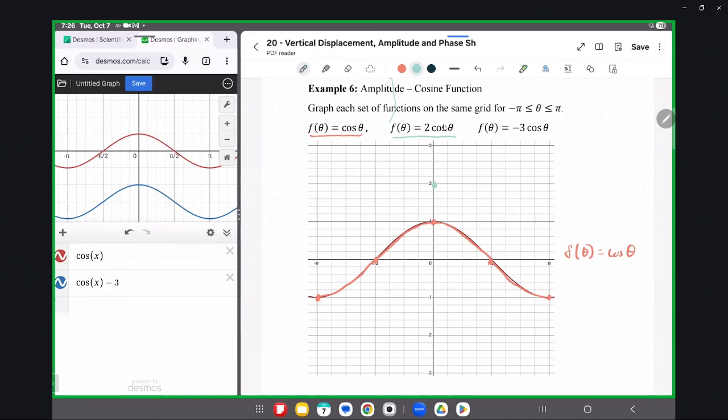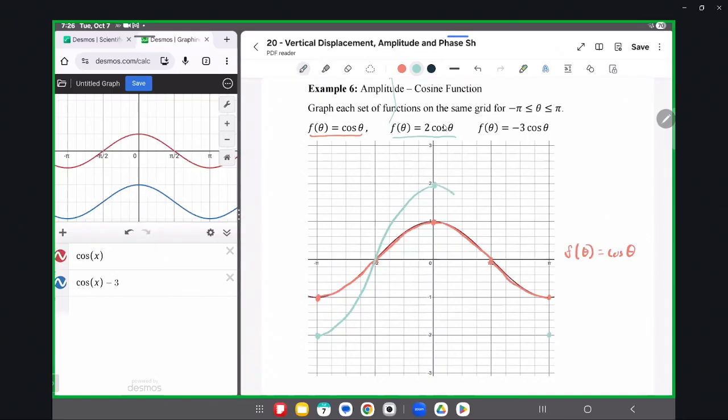If I take negative 1 times 2, negative 2. Negative 1 times 2, negative 2. 0 times 2 is 0, 0 times 2 is 0, and 0 times 2 is 0. And with that, we can just connect these together.